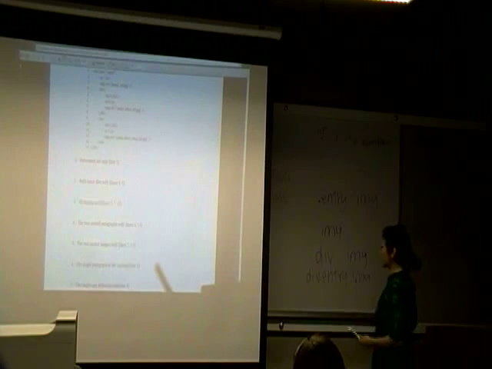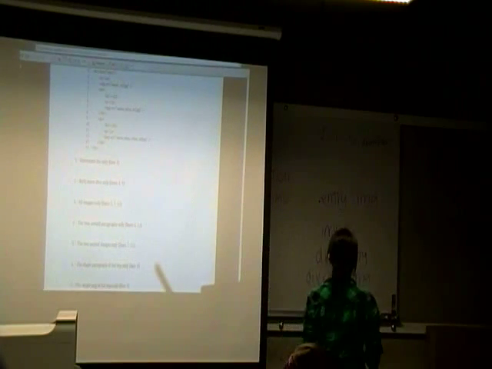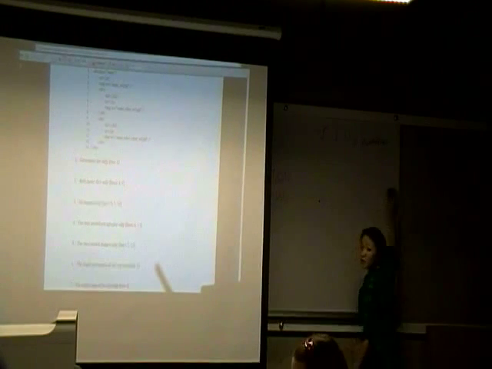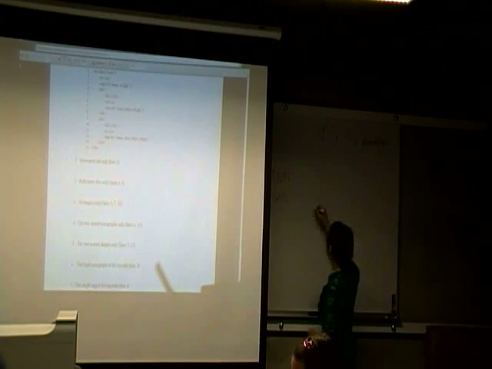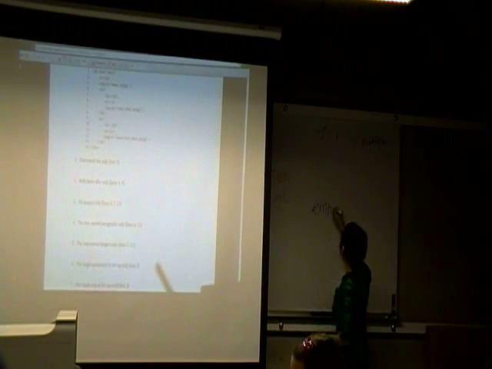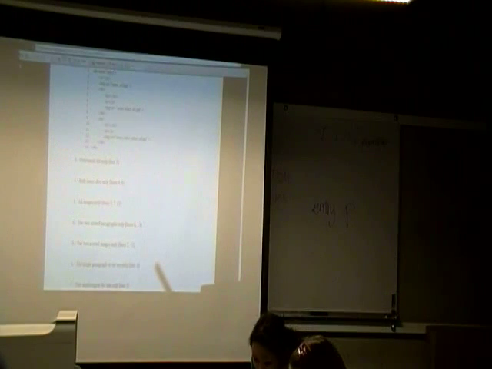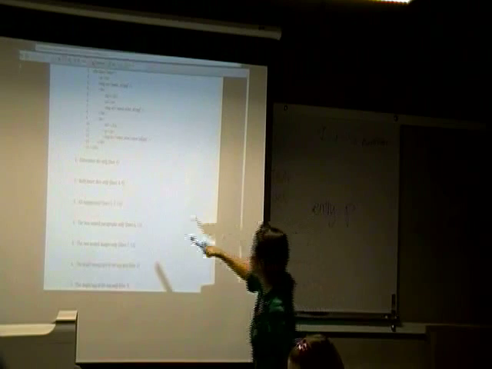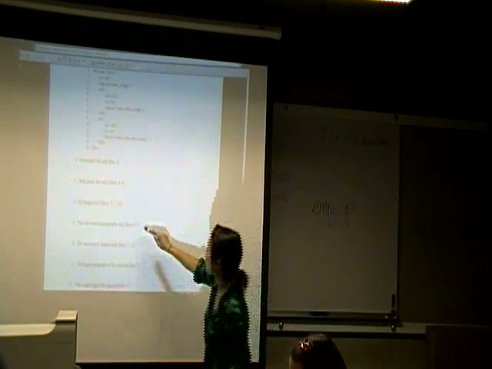What about the next number? Number 4, the 2 nested paragraphs only. Someone just shout it out. Dot entry space p. Wouldn't it be dot entry div p? Yeah, because you're looking for lines.